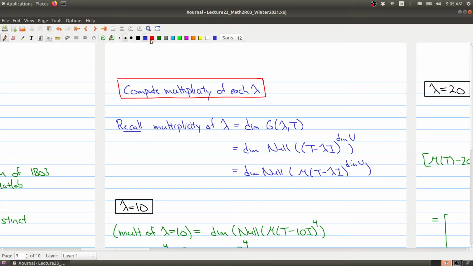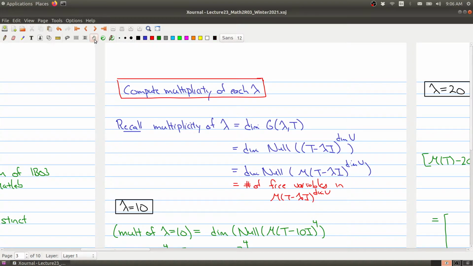If you remember, this is equal to the number of free variables in the matrix M(T minus lambda I) to the dimension V. So you take this matrix, put it into row reduced echelon form, and then you can compute the number of free variables.